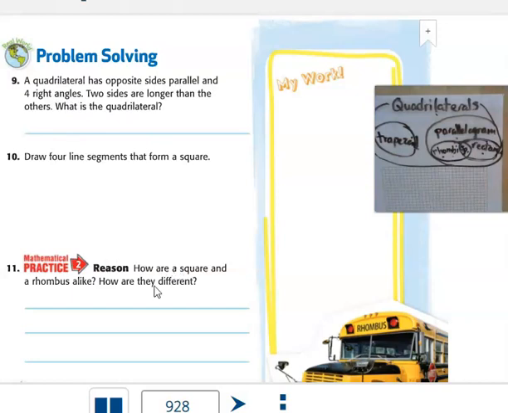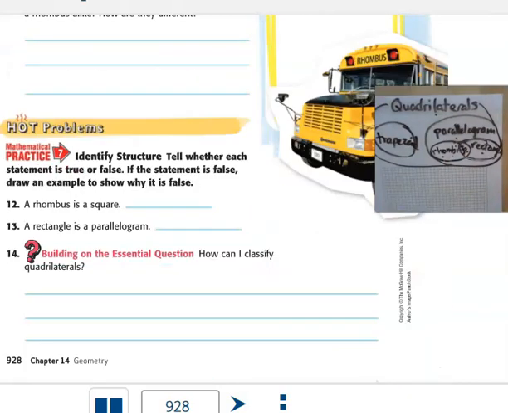How are a square and a rhombus alike? So look at the way these overlap. They're both a type of parallelogram. They're different because this one has something that this one does not. They both have equal sides, but there's some feature of this that is not true of a rhombus. And if you're not sure, go back and look at your definitions for that one.